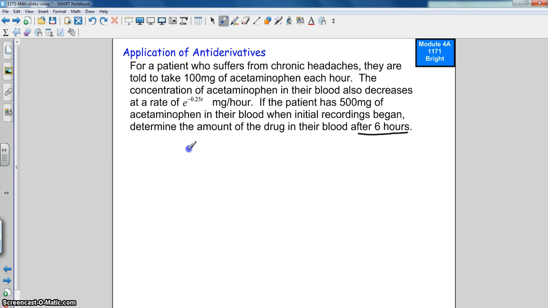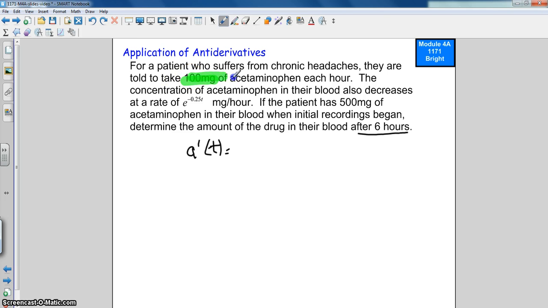So what we're given is the rate of change in the concentration, and actually it's in the amount, so I think I'll use A. So the change in the amount each hour. So we know each hour, there are 2 bits of information that tell us about the rate.